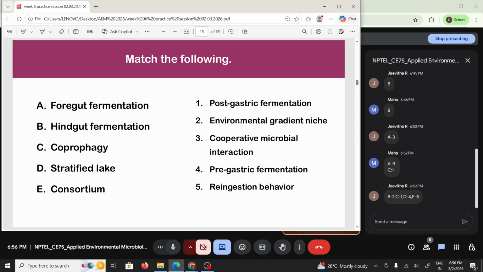Another match the following question here about foregut and hindgut fermentation and other aspects.